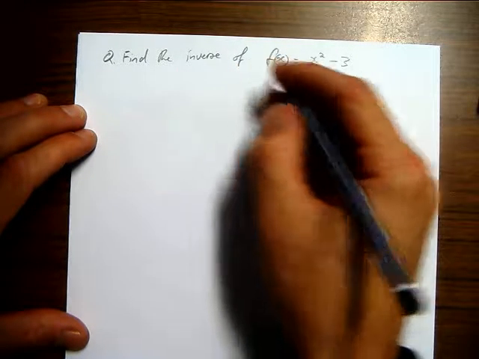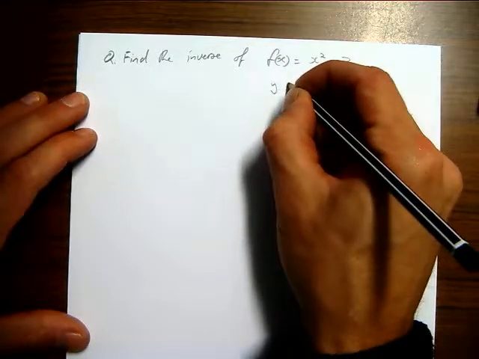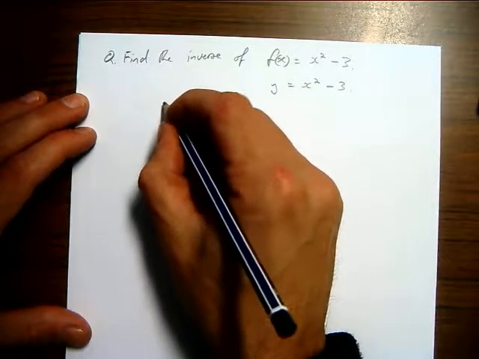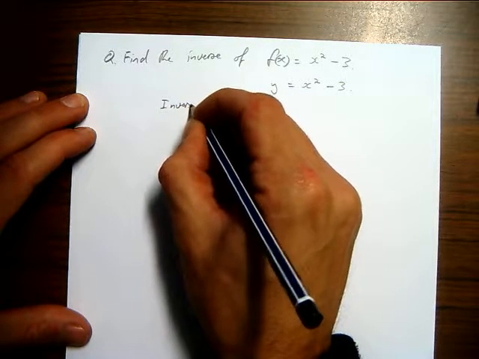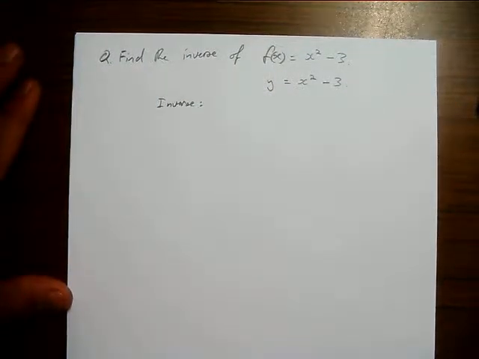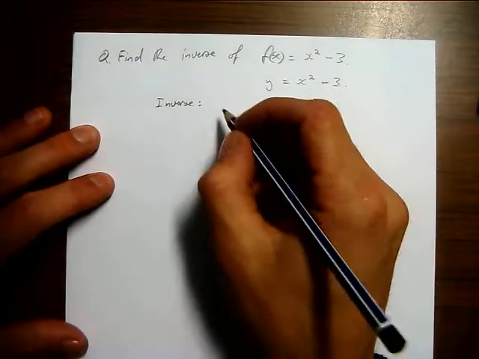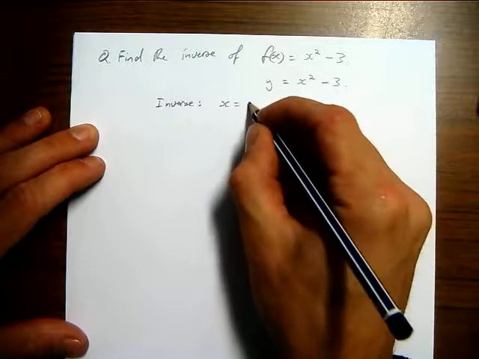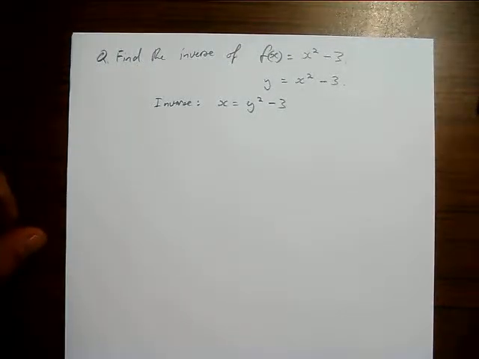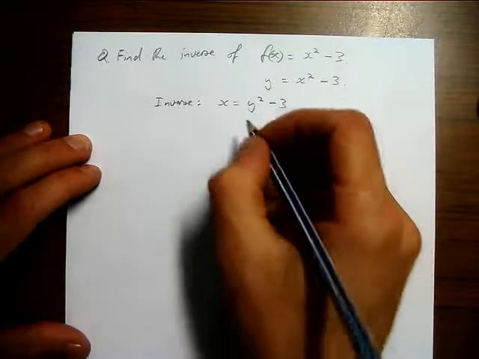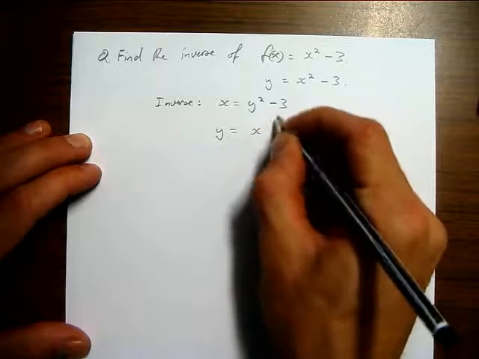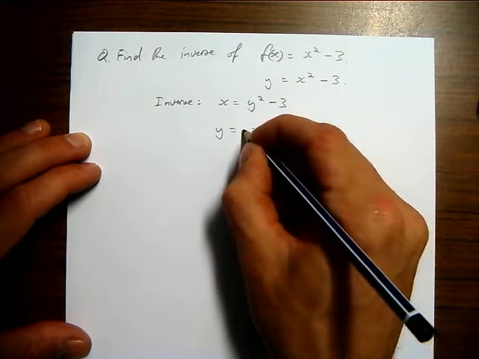So this is going to be y. So y is equal to x squared take 3. What do I need to do to find the inverse? Swap the x and the y. So x is equal to y squared take 3. But I need to rearrange this to get y on its own. So I add 3 to both sides and take the square root. So y is going to be the square root of x plus 3.